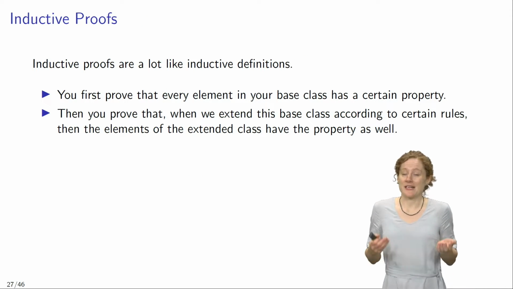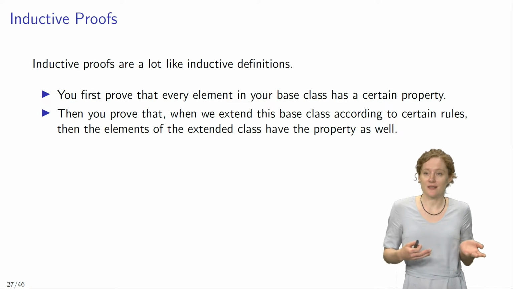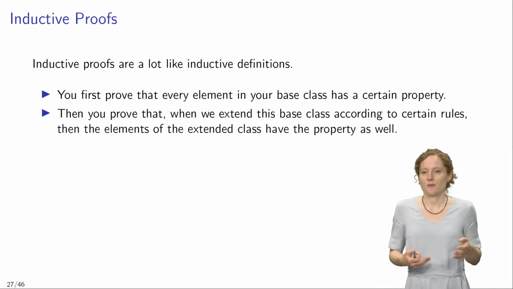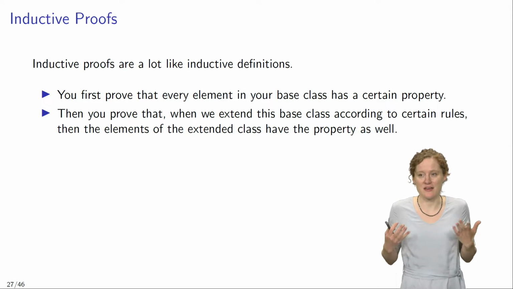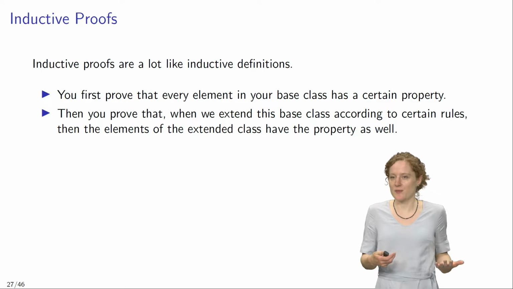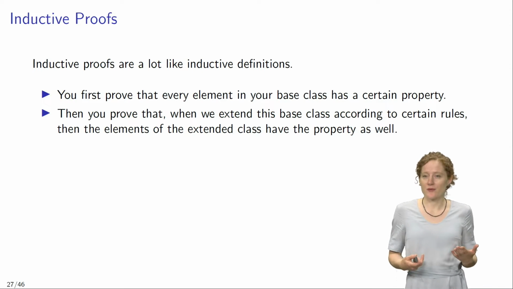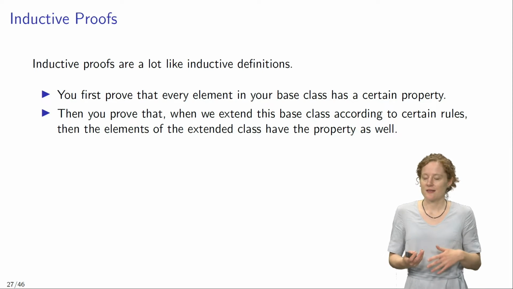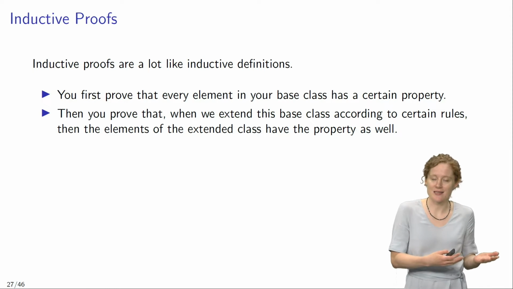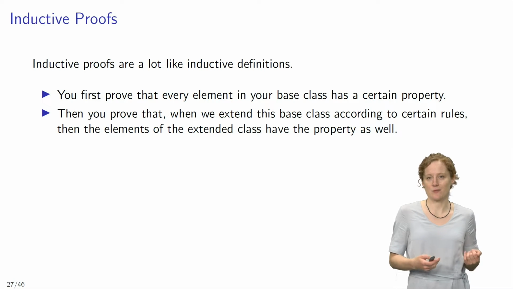Now, an inductive proof is a lot like an inductive definition. We first prove that every element in a certain base class of entities has a specific property. And then we prove that when we extend this base class according to certain rules, then the elements of the extended class have the required property as well.